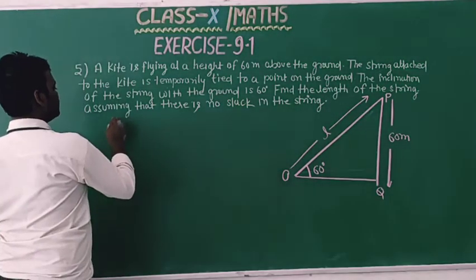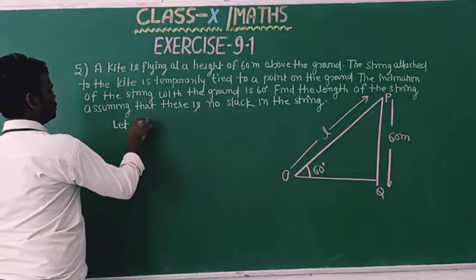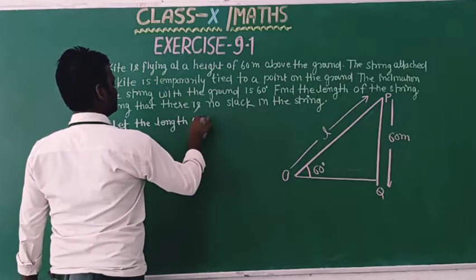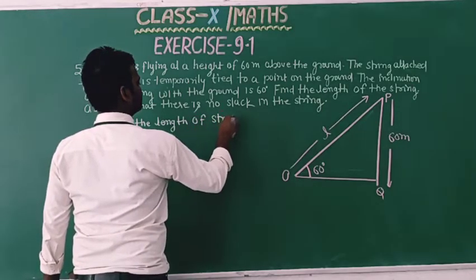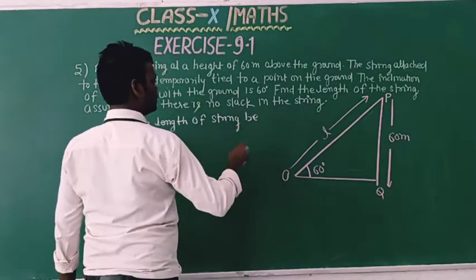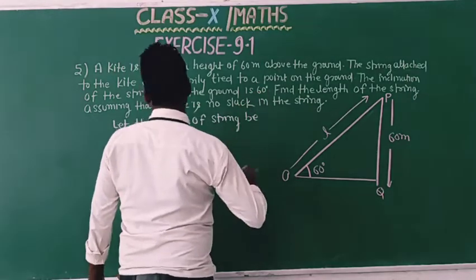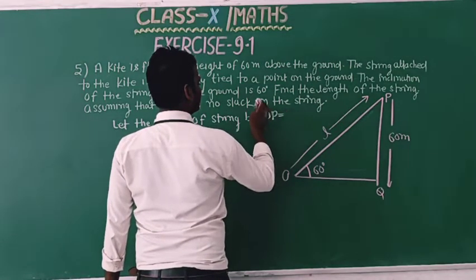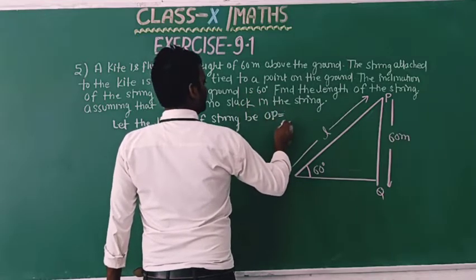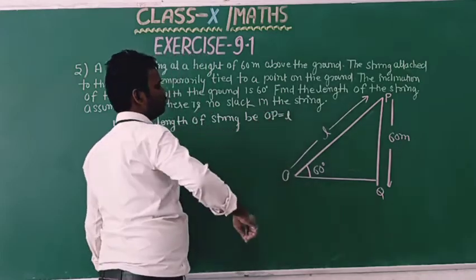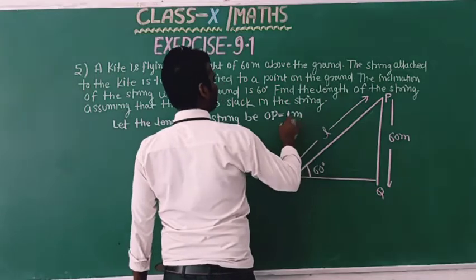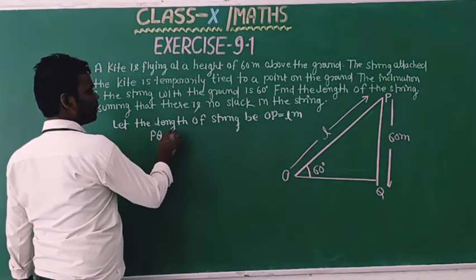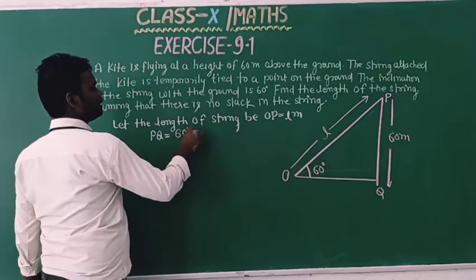So let the length of the string be equal to L meters, and PQ is given, PQ equal to 60 meter.